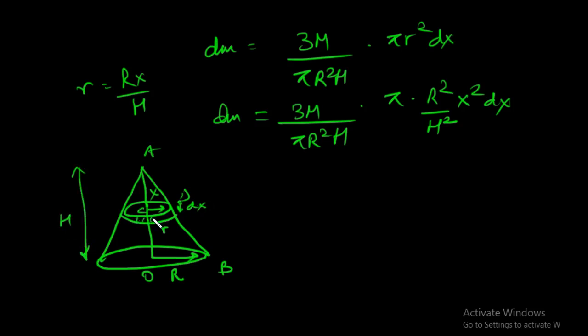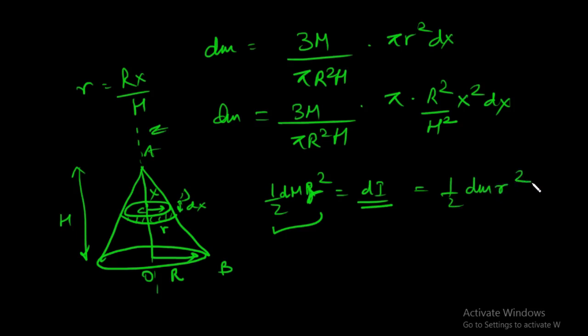Now you see, this is a disk and I want to calculate the moment of inertia of this small disk about the axis z passing through its center. As I have already told you, the moment of inertia of a disk passing through its center was half M R square. So for this elemental disk, it will be half dm r square, where this is small r. So dI would be equal to half dm times small r square.